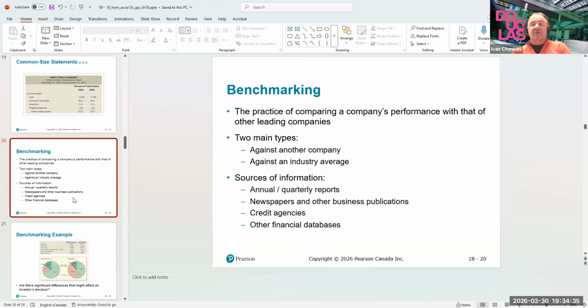And that brings us to benchmarking, which is comparing us with the industry or with another company within the same industry, which is the leader for that industry. There are two main types: against another company and against the industry average.